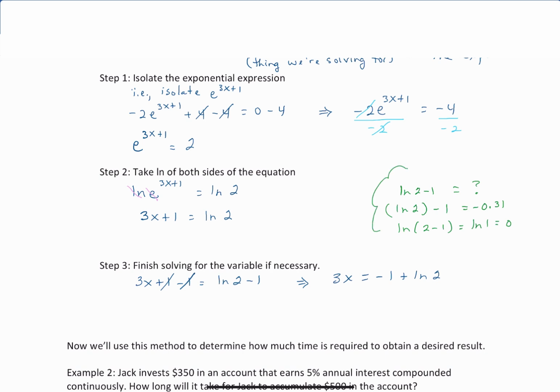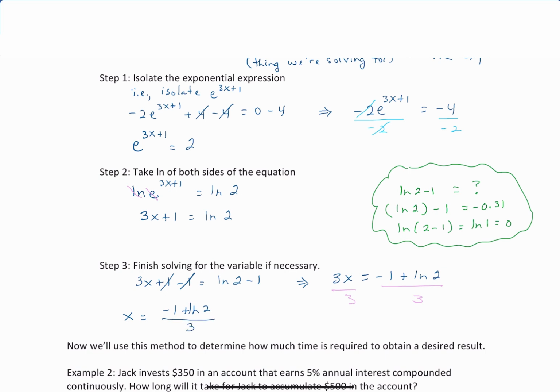Okay, that's just an aside about how we write things. The point of that was why, instead of writing ln of 2 minus 1, I'm writing minus 1 plus ln of 2. Anyway, the last thing we need to do to isolate the x is divide both sides by 3. And that will give us x equals negative 1 plus ln of 2, divided by 3.